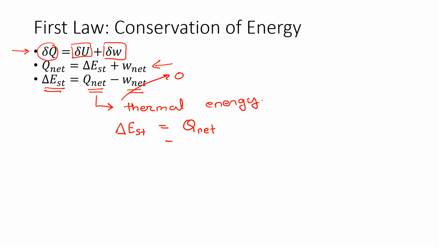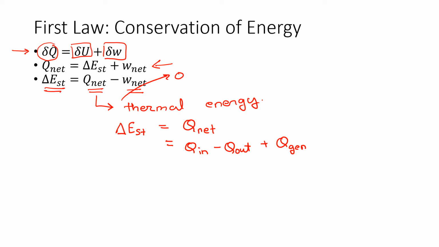We can also write this as Q in to the system minus Q out of the system plus Q gen, which is if there is any source that is generating heat or thermal energy in the system, we will consider that as well.